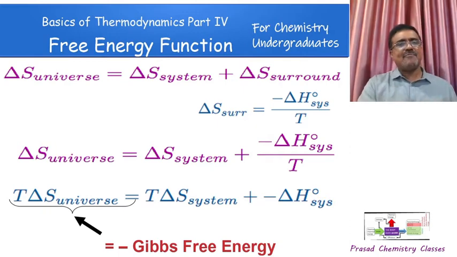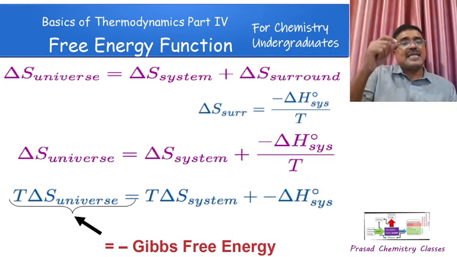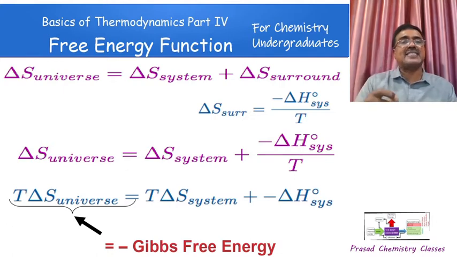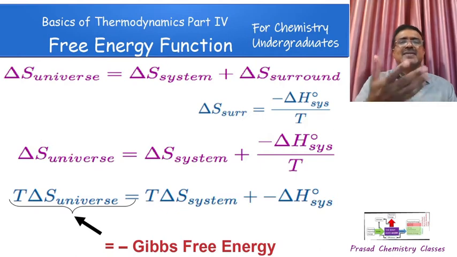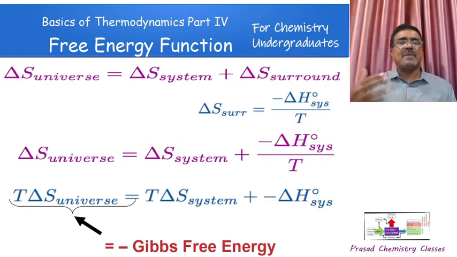Plus sign for the system, minus sign for the surroundings. Then we can put delta S surroundings as equal to minus delta H system divided by T. The superscript 0 on delta H simply signifies we are considering a process taking place in the standard state. Okay, standard state we will explain later.